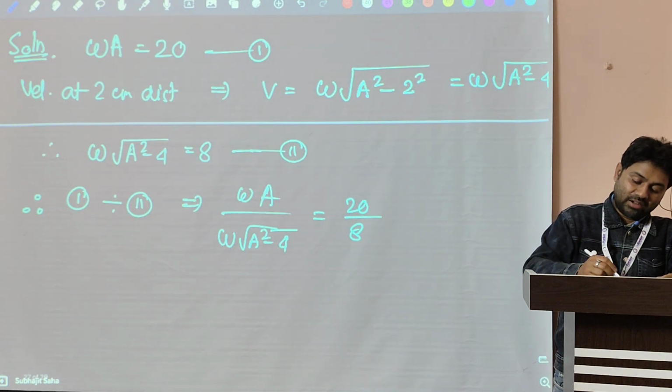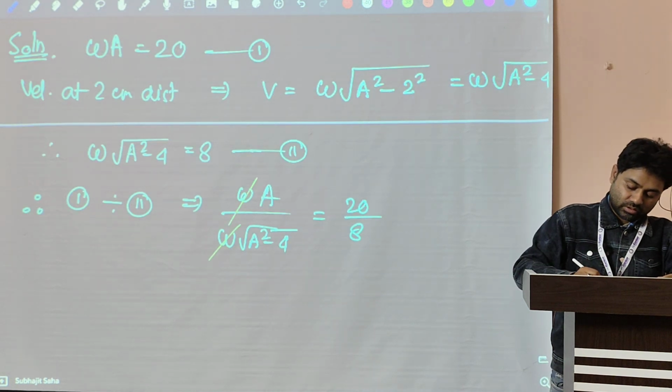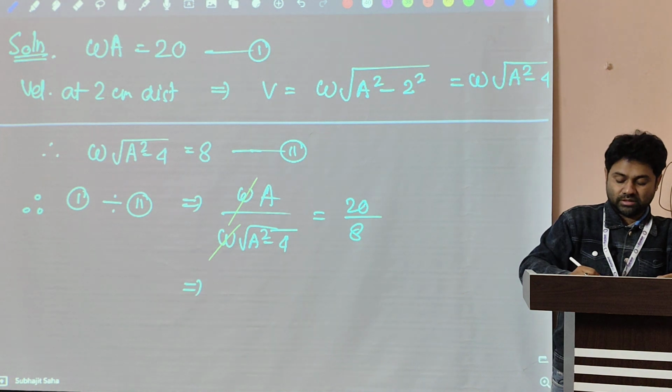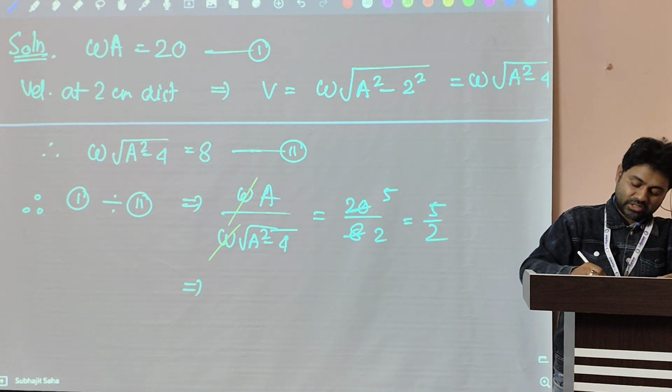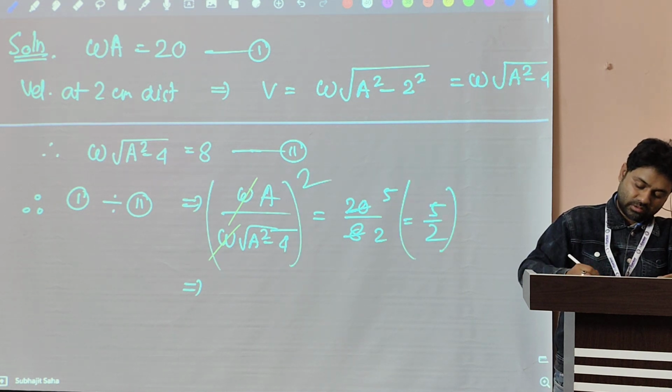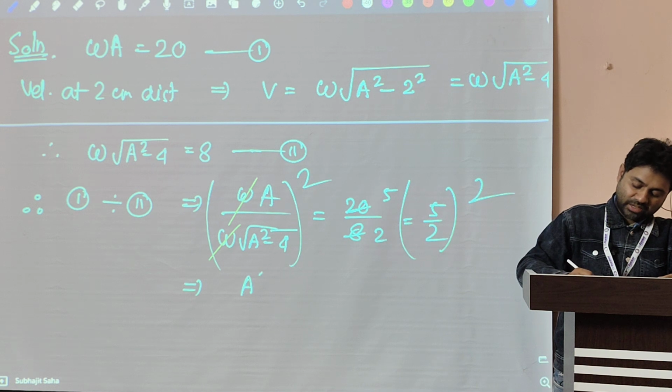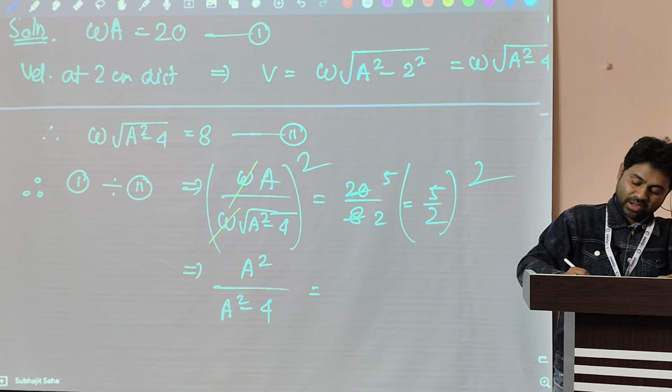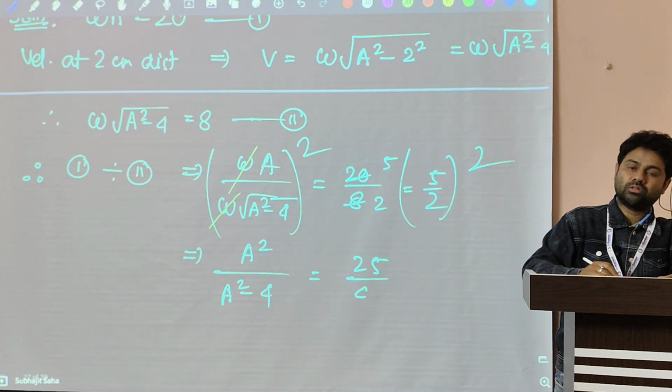So this will cancel out omega. And the right hand side simplifies to 4 5s are 20, 4 2s are 8, 5 by 2. Now square both sides. So it's a square by a square minus 4 equal to 25 by 4.